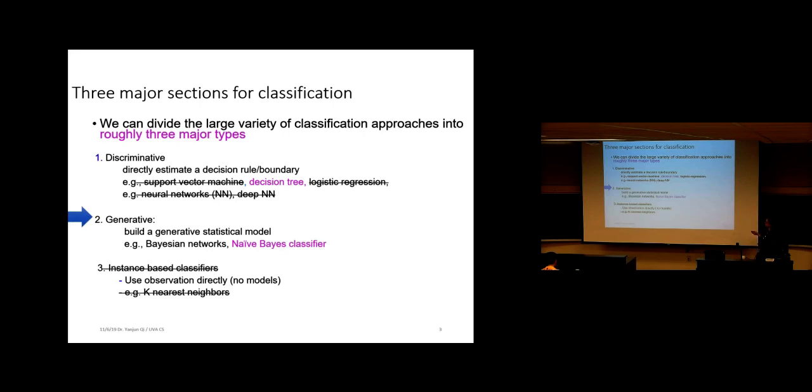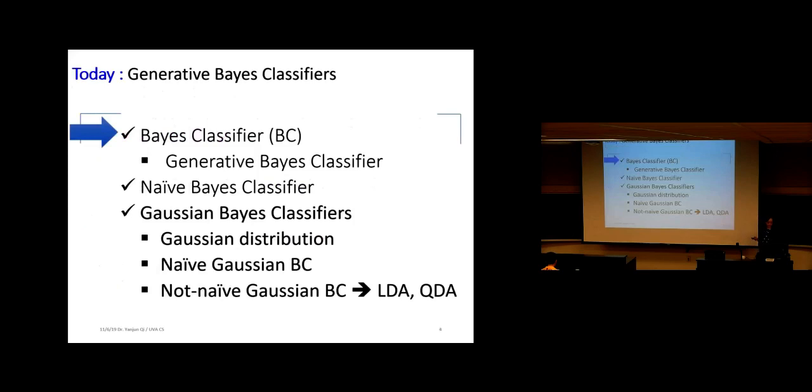But SVM is different: there's no probabilistic formulation in its classification decision. And then the generative model, which is what we're going to cover today, uses a probabilistic formulation to perform classification. And this is the roadmap.